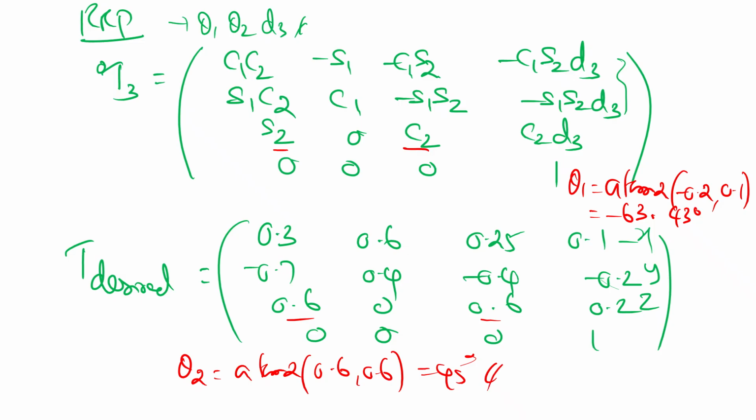Then finally we have to find D3. So how will you find D3? Either you can apply cos theta 2 and find out D3, or the simple way is to square these terms. In the next slide I'll show you.